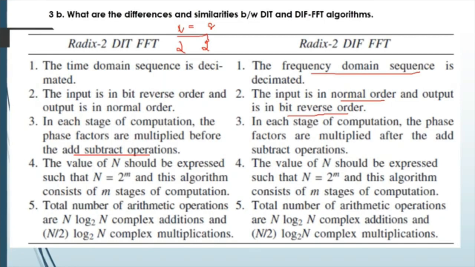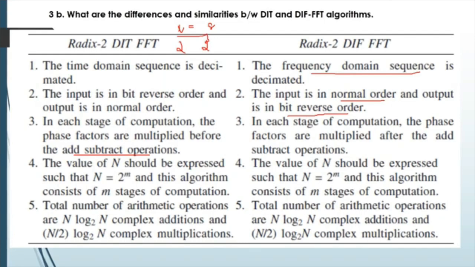In DIT we have a plus b into omega n power 0 or a minus b into omega n power 0. Here it is not like that. Here it is a minus b into omega n power 0 or a plus b, and the multiplication is within the operation itself. Here, after the addition and subtraction, we have the twiddle factor multiplication.